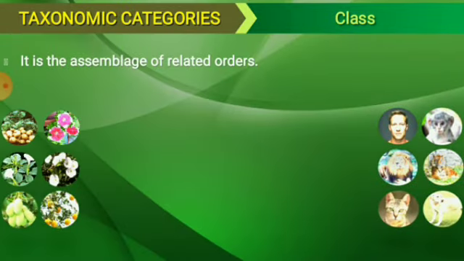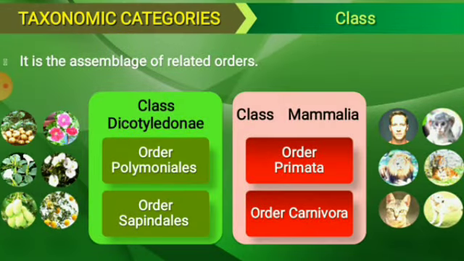A class represents a group of related orders, or we can say it is the assemblage of related orders, like the order Primata, which includes monkey, gorilla, and gibbons, which are placed in the class Mammalia, along with the order Carnivora, which includes animals like tiger, cats, and dogs. All of them belong to the same class.